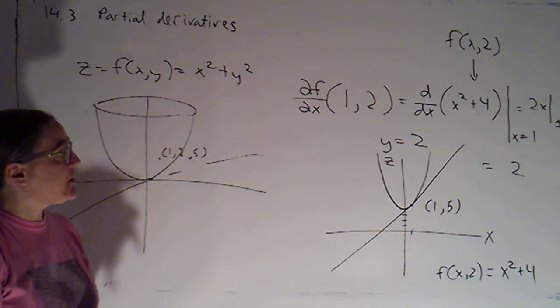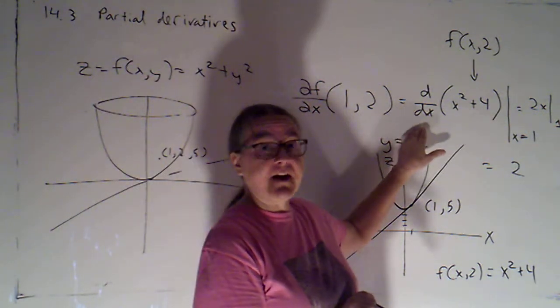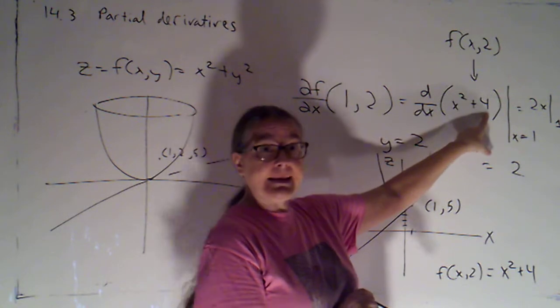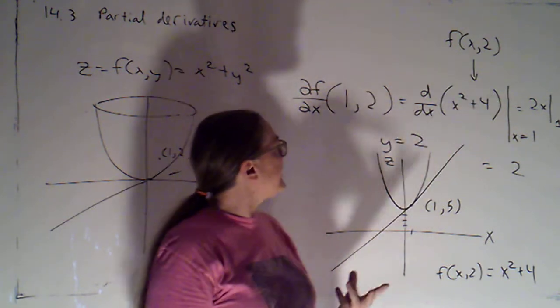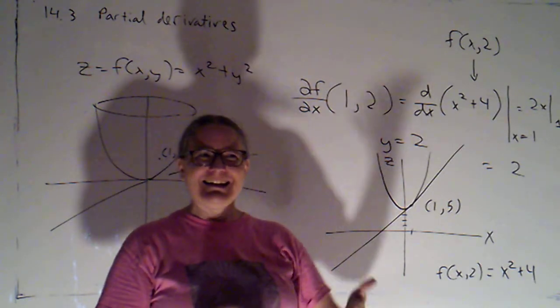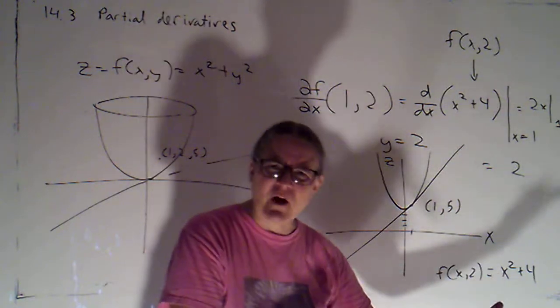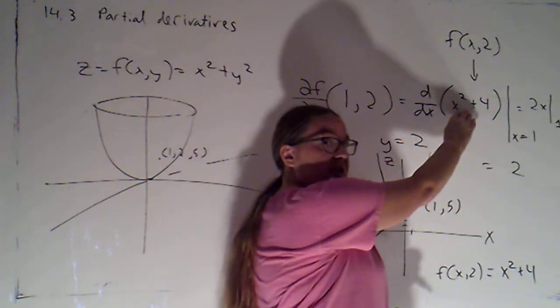So you'll notice that what I did is I created this function of one variable by plugging in 2 for y. But let's suppose I wanted to look at the partial derivative of f with respect to x in a different plane, at a different y value. Okay. Well, then I'd have to create a different function here.